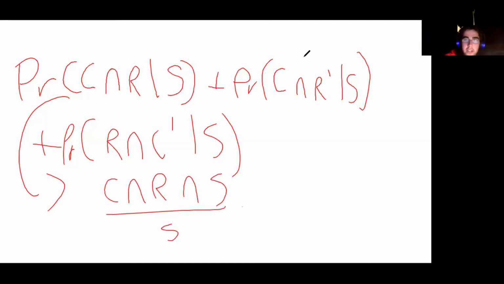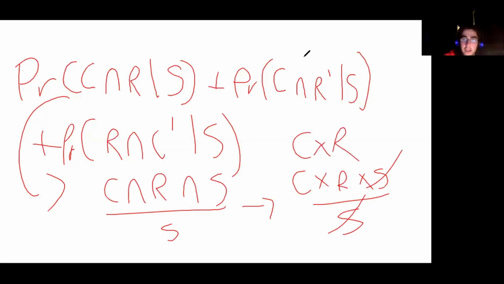But in this case, because they're independent, it's just going to be C times R times S divided by S. Now the S's cancel out, just leaving C times R. All right? And the only reason why this works is the key word independent, because we know that the probability of A and B is just A times B. So this is why we get to this stage.